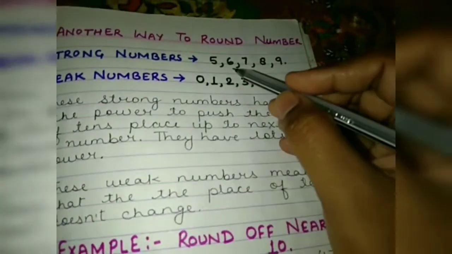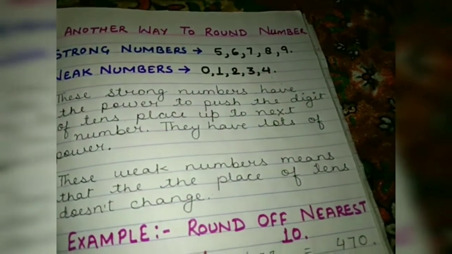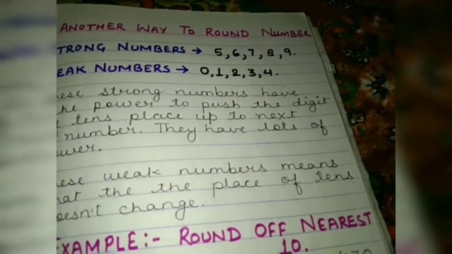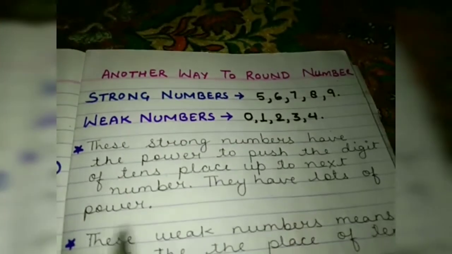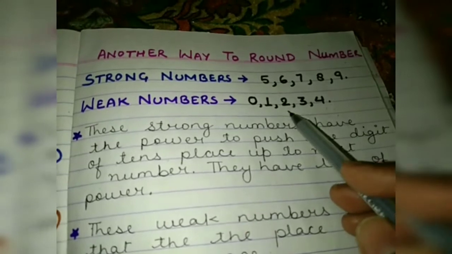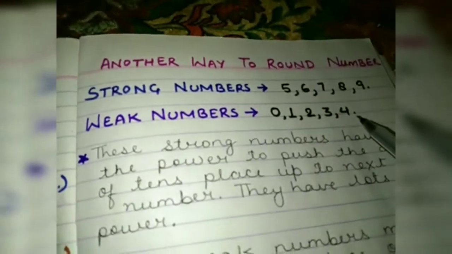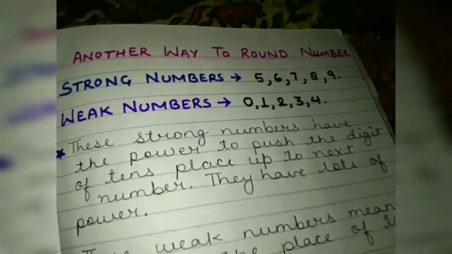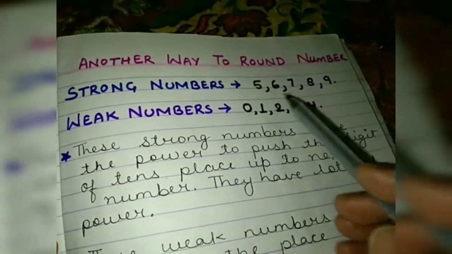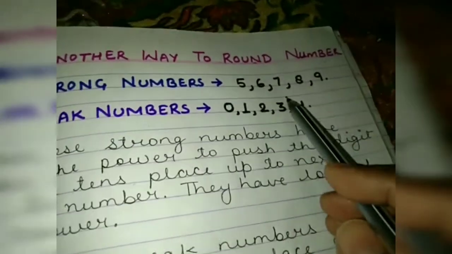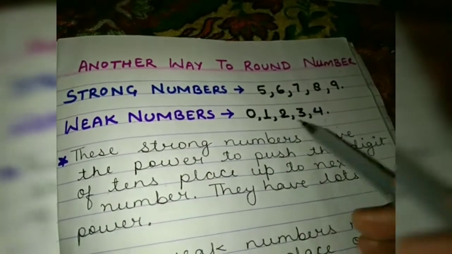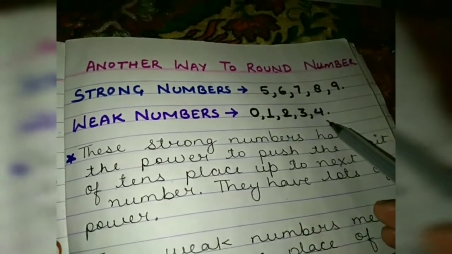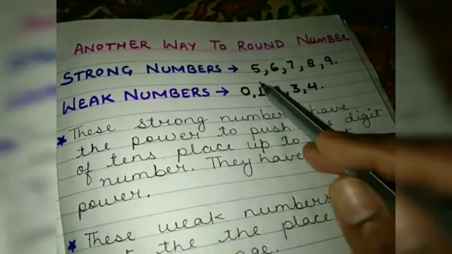The strong numbers are 5, 6, 7, 8 and 9. And the weak numbers are 0, 1, 2, 3 and 4. Once again, strong numbers are 5, 6, 7, 8 and 9, and weak numbers are 0, 1, 2, 3, 4. Now we will see what we will do with these strong and weak numbers.